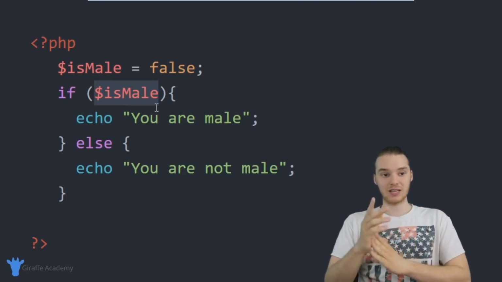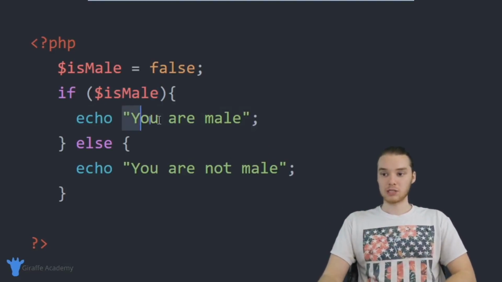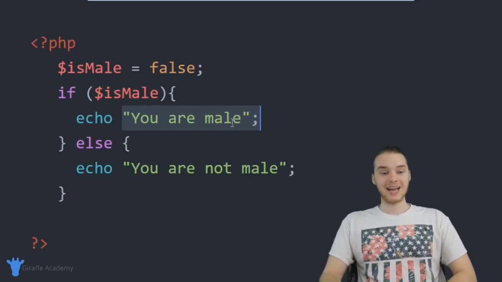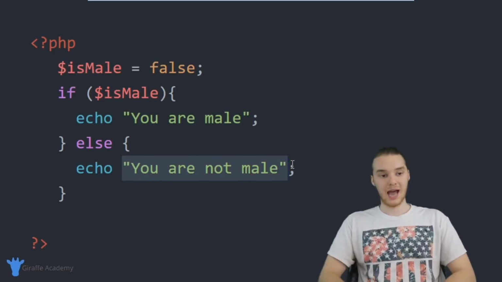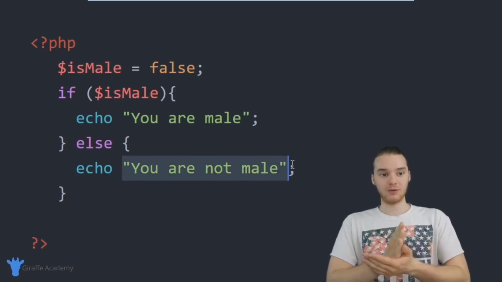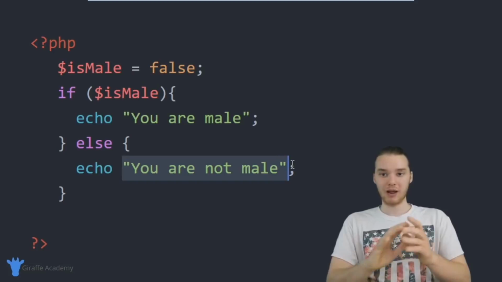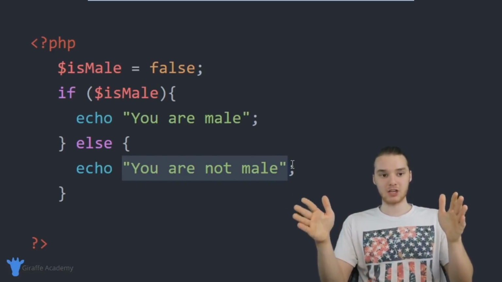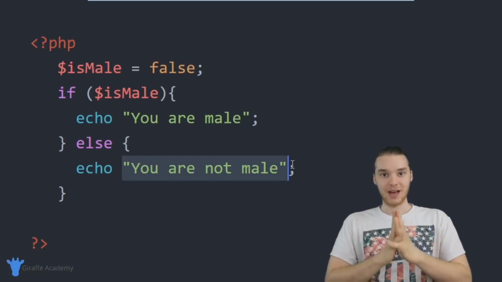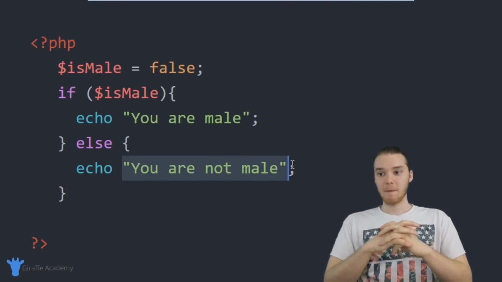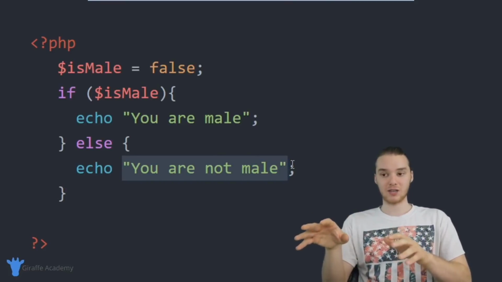In the situation that the person's male, we're able to respond to that and tell them that they're male. In the situation that they're not male, we can also respond to that. And really, at a core level, that's what an if statement is. It's just a way for us to respond to the different information, to the different data that is inside of our programs. But really, this is just scratching the surface.